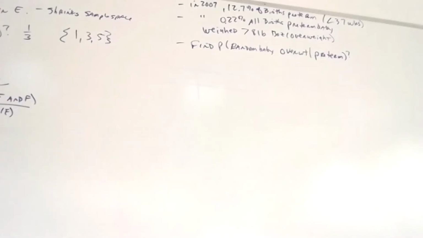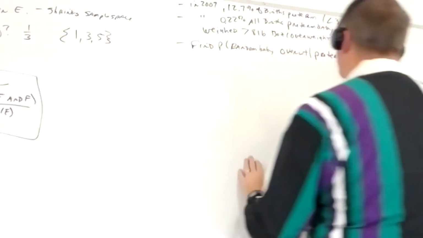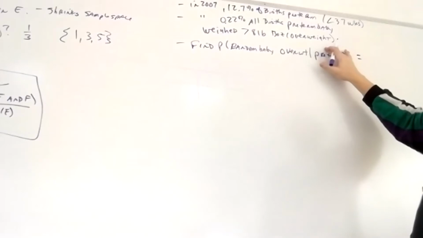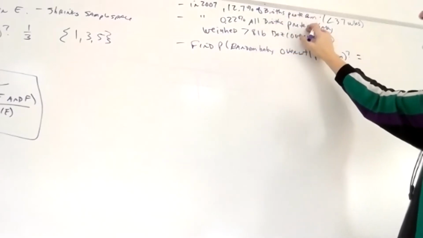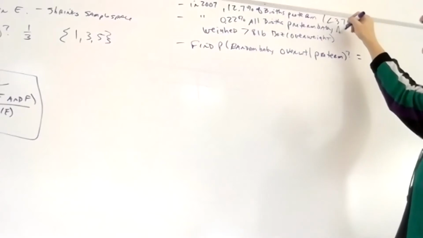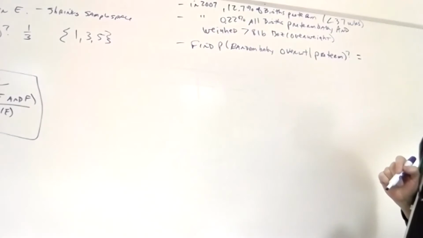Okay, so we're going to use our conditional probability rule here. We want to know the probability of E and F. So 0.2% of all births are preterm and weighed greater than 8 pounds, 13 ounces.